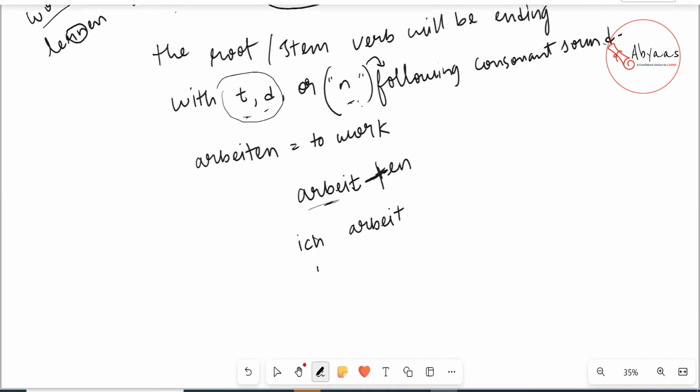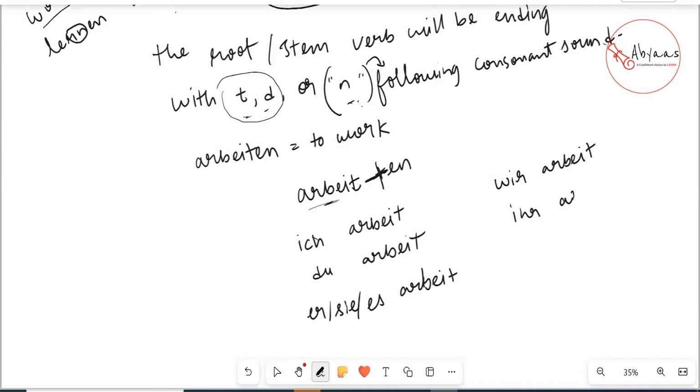Ich arbeit, du, add s, t: arbeit, wir, arbeit, ihr, arbeit, sie and Sie, arbeit. Yeah. So the root of the structure is again the same. Here, in the case of ich, just like first type, I'll be adding e.